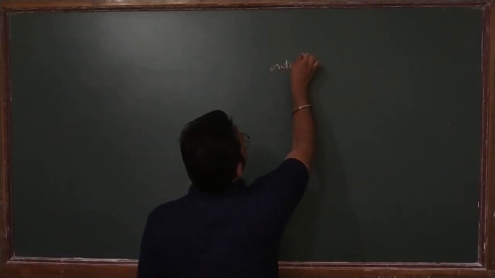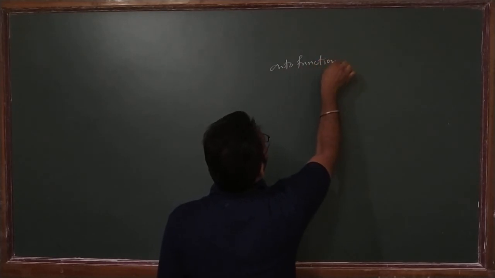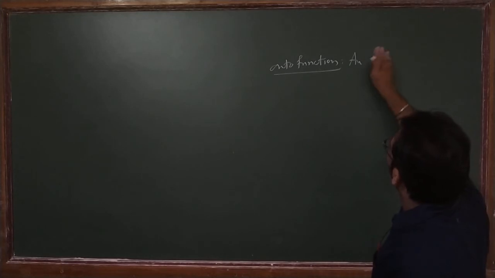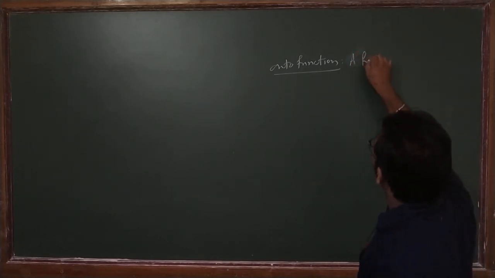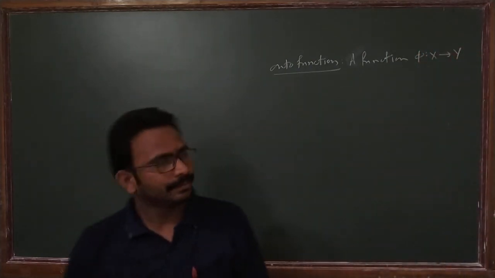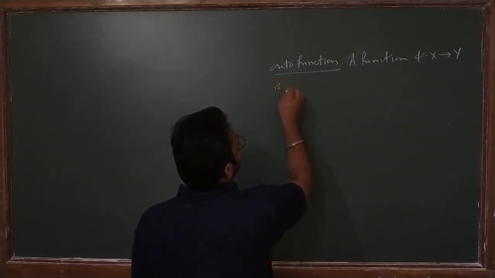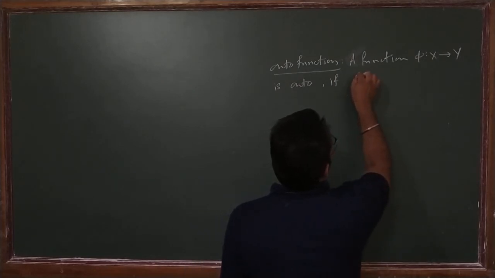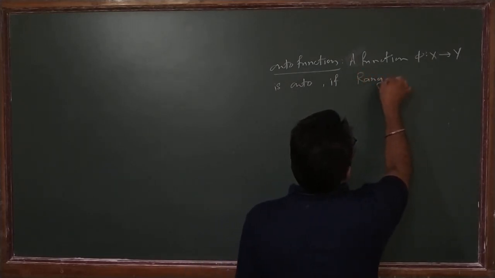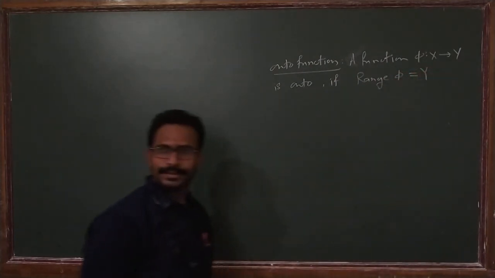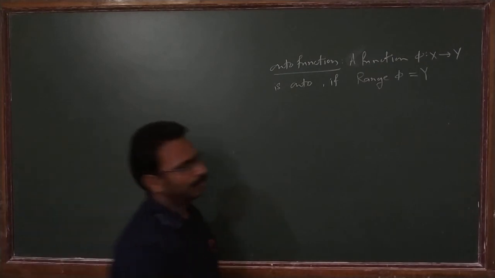An into map, a function phi from X to Y is onto if the range of phi is equal to Y, if the range of phi is equal to the codomain.